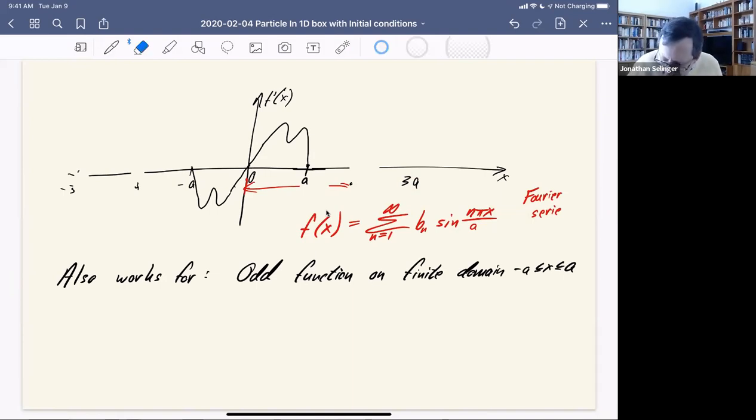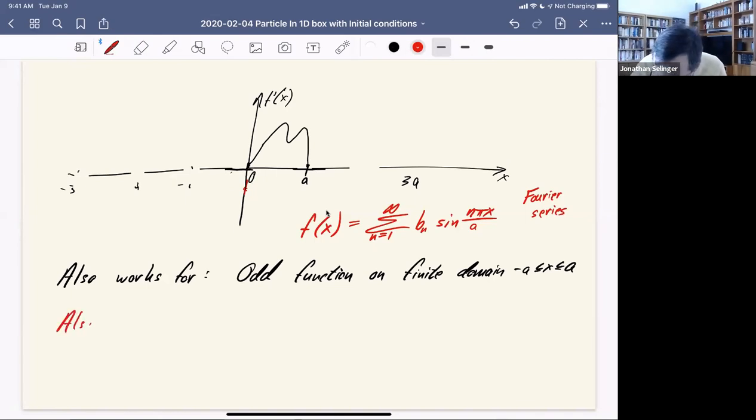And now, if you believe that, then I can do a little bit more erasing. What if I erase this side? If the function f of x is represented by that Fourier series, then it still works even after I've done that erasing.